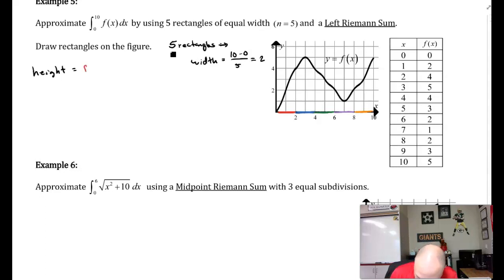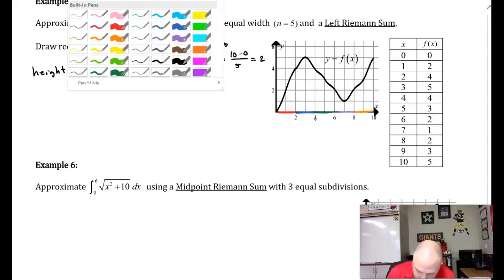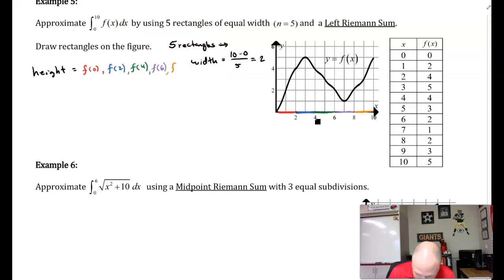So that's going to be f of 0, f of 2, it's always that left point of my interval, f of 4, f of 6, and f of 8. All of that is the idea that should go into prepping for the Riemann sum.